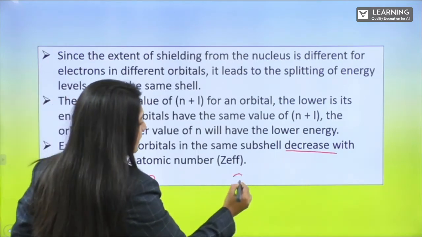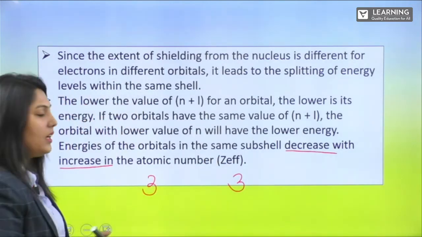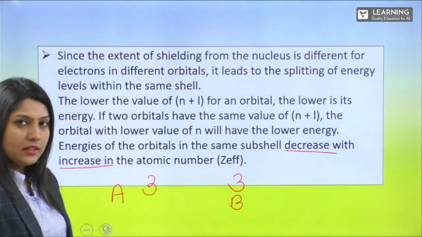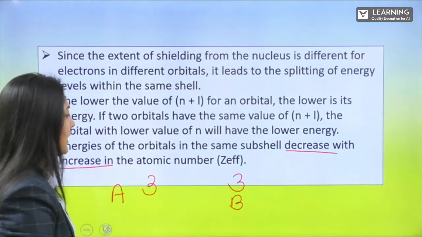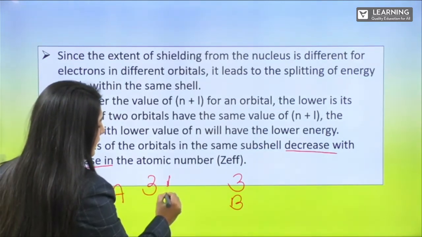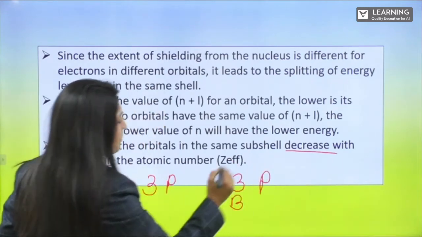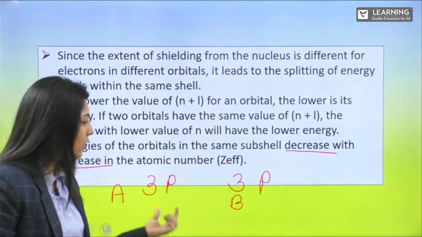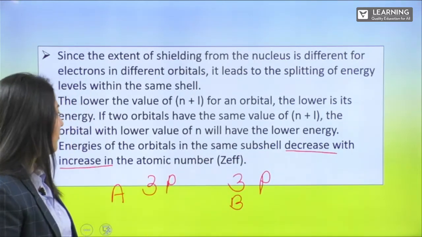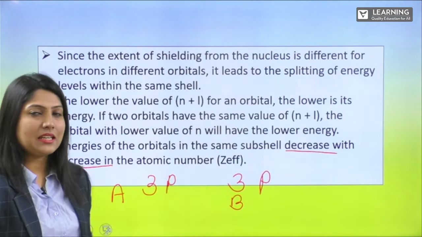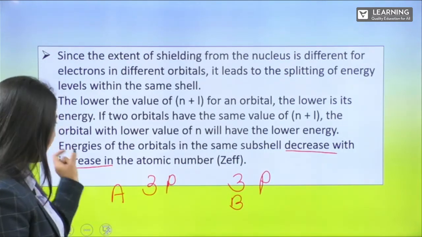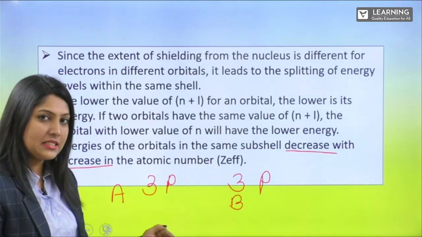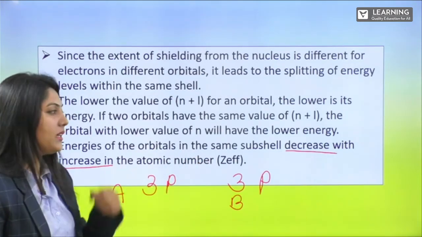So I am taking the third shell of two different atoms, A and B. Here they have the same subshell, for example 3p of A and 3p of B. Of these two, which has more energy and which has lesser energy, we need to know. So energies of the orbitals in the same subshell decrease with increase in atomic number.